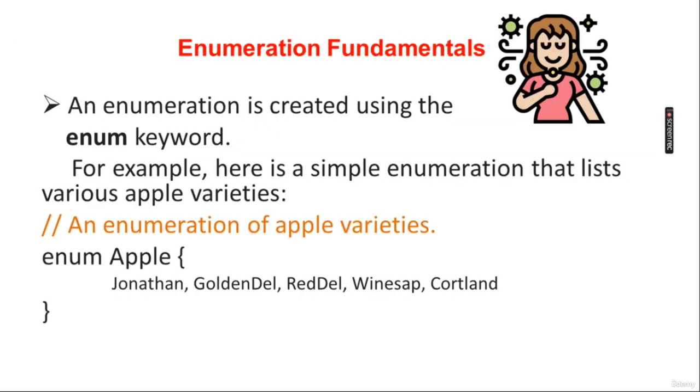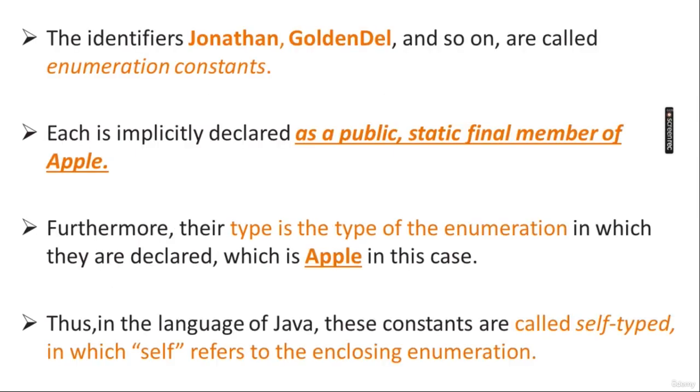Fundamentals of enumeration. An enumeration is created using the enum keyword, like in C++. For example, here is a simple enumeration that lists various apple varieties: enum Apple, Jonathan, GoldenDel, RedDel, Winesap, and Cortland. The identifiers Jonathan, GoldenDel, and so on are called enumeration constants.